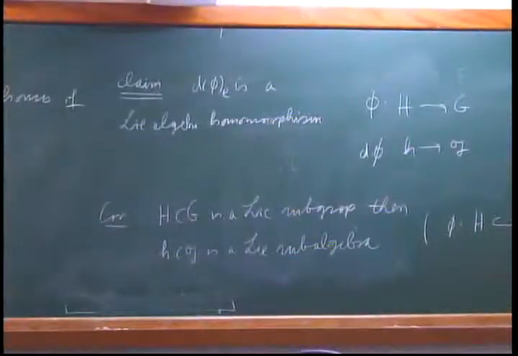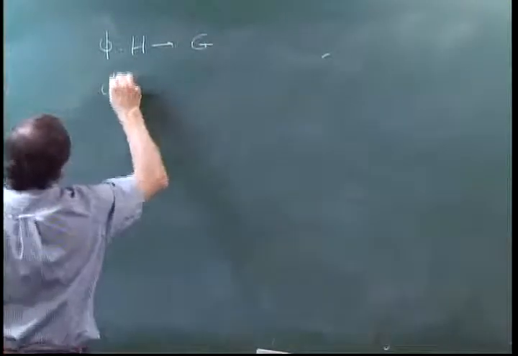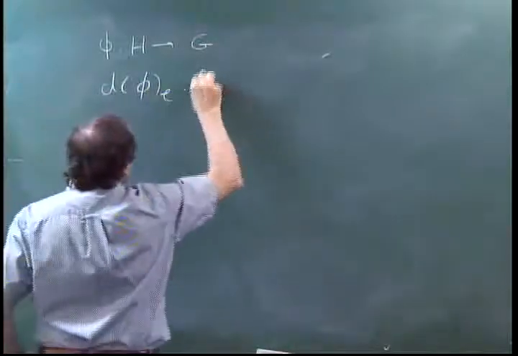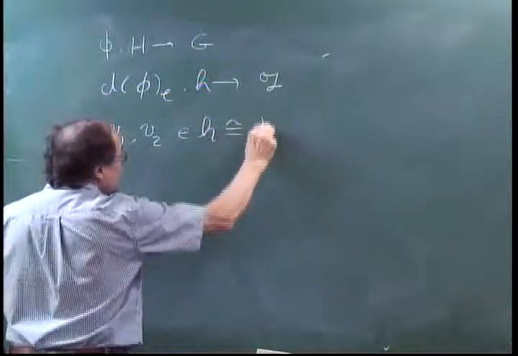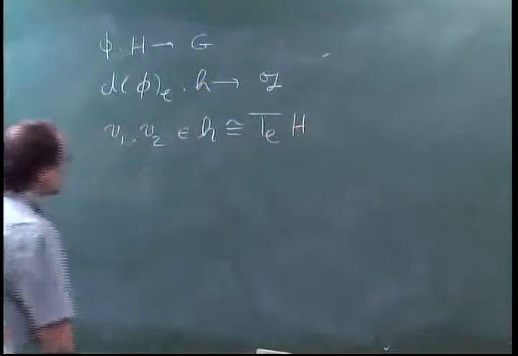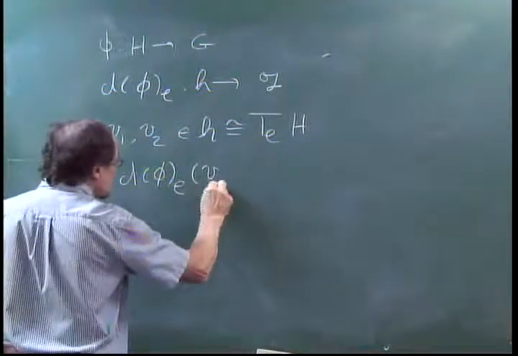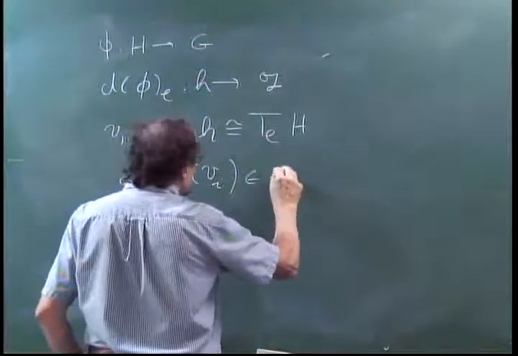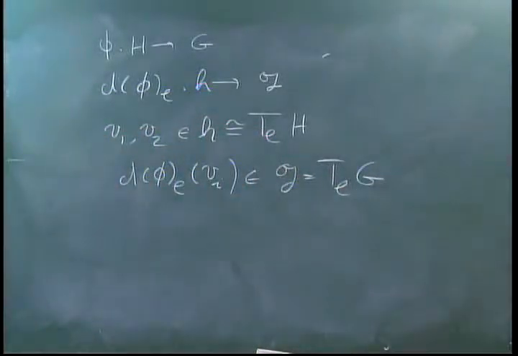So phi goes from H to G. d phi at E goes from the Lie algebra of H to the Lie algebra of G. So let's take two vectors in the Lie algebra of H, which I regard as the tangent space at the identity of H. Then I get two corresponding vectors in the tangent space of G at the identity, and now I can define the corresponding left invariant vector fields.